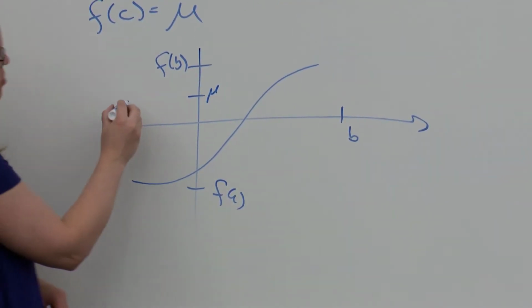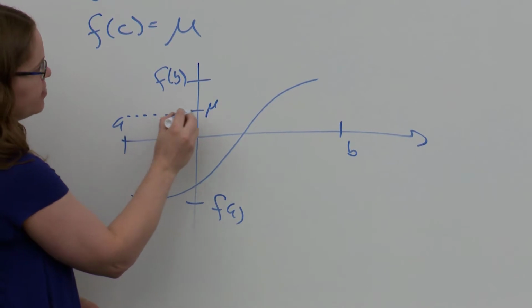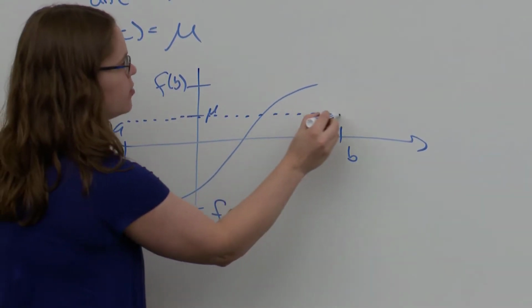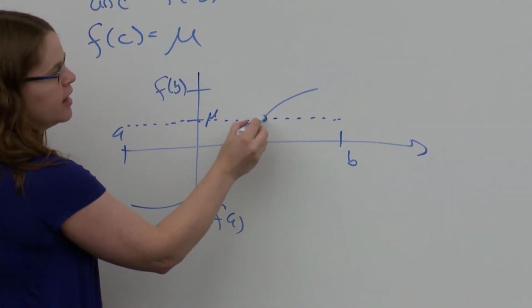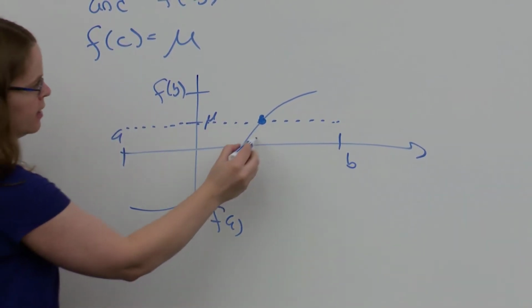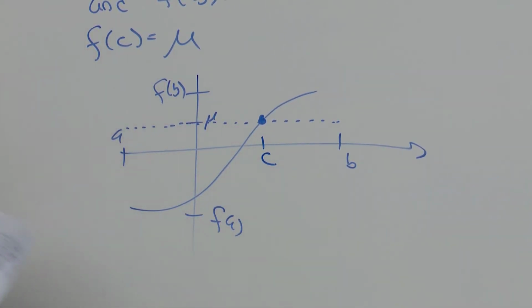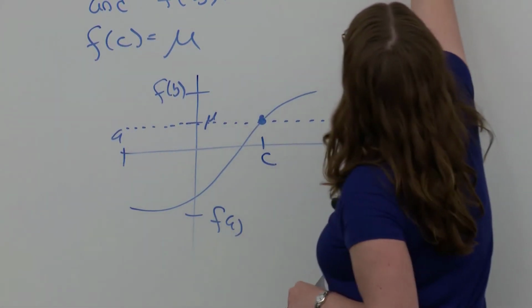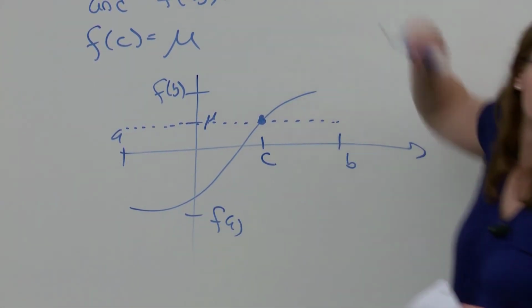And what this says is if I draw this line at the level of mu across the domain, somewhere we're going to get an intersection point, right? And that's my point c.